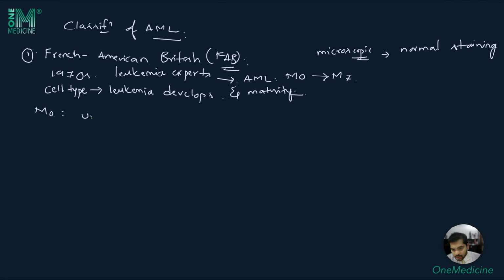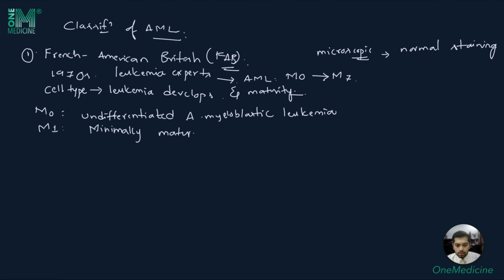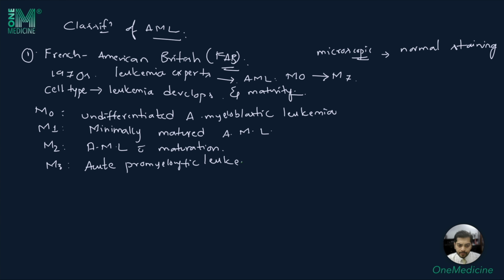We have M0, which is undifferentiated acute myeloblastic leukemia. M1, that is minimally matured acute myeloblastic leukemia. M2, that is acute myeloblastic leukemia with maturation. M3, that is acute promyelocytic leukemia. It is also written as APL in short. M4, that is acute myelomonocytic leukemia.